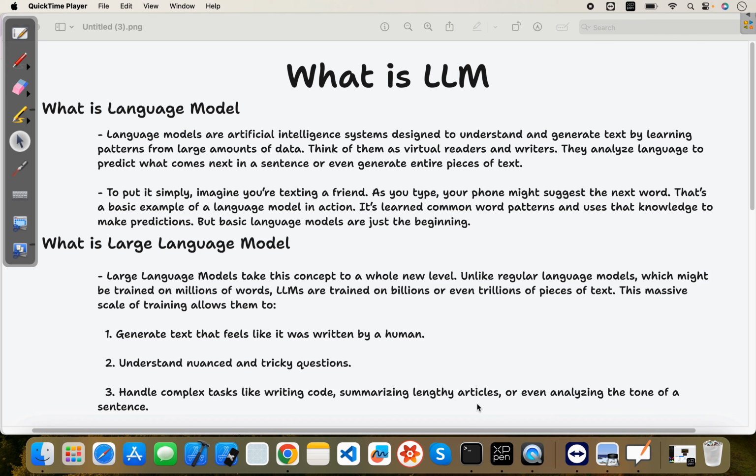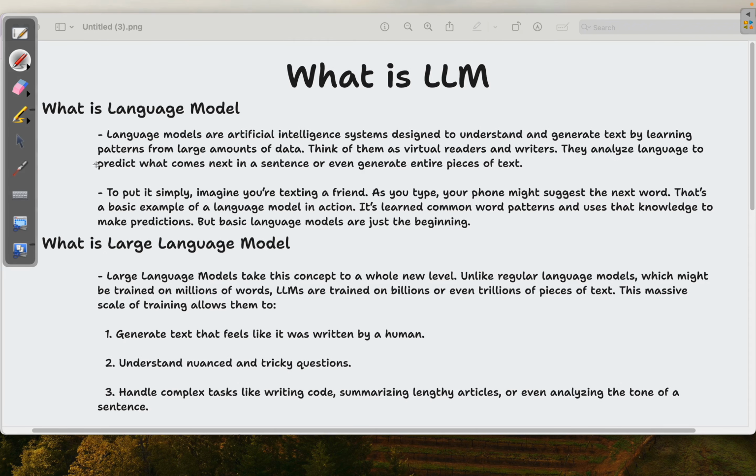So first of all, we will see what is the LLM, right? Before the LLM, which is large language model, let's see what is a language model at the simpler level, right? A language model is nothing but an artificial intelligence system, or in the simplest way you can think of it as a neural network which understands our text and generates the next word.